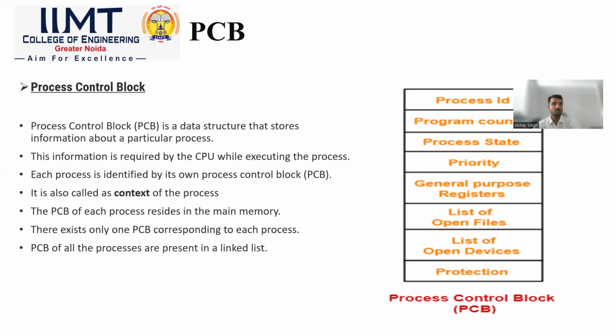Process control blocks of all processes are present in a linked list. Every process has its own process control block. If there are 100 processes in memory, then 100 process control blocks are created by the operating system, an individual process control block for each process.